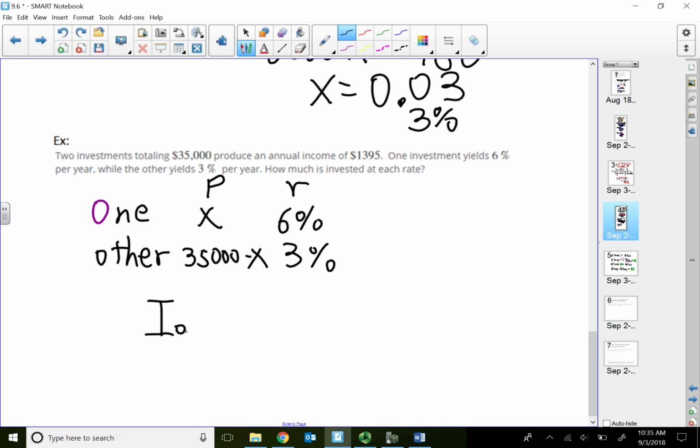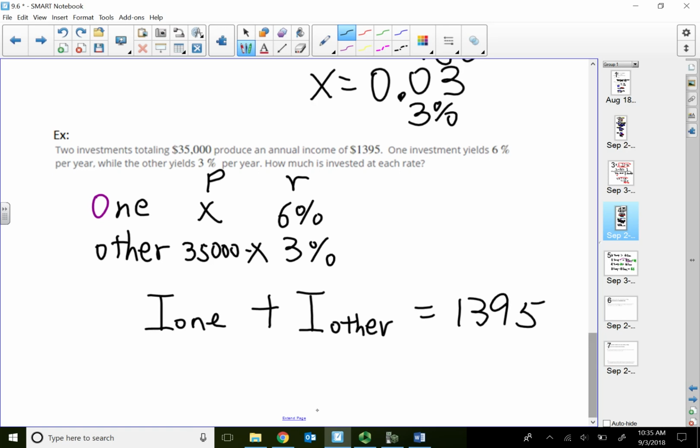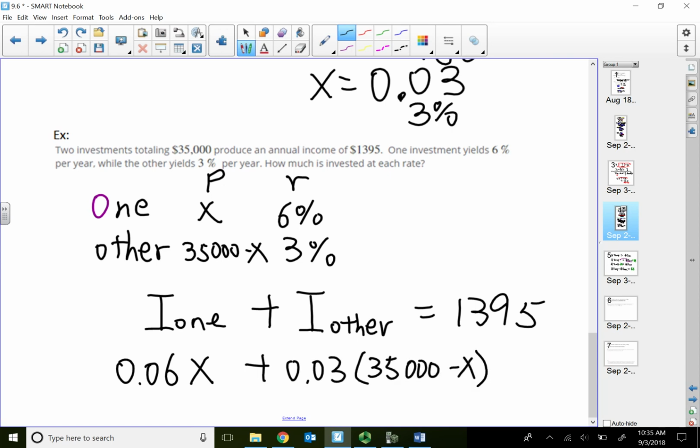So the interest earned from that one account plus the interest earned from the other account together got to equal $13.95. All right, so the interest from that one account, principal times the rate, x times 6%, which is 0.06x, plus 3%, which is 0.03 times the principal, which is two terms representing one principal. Put them in the parentheses, equal to $13.95.